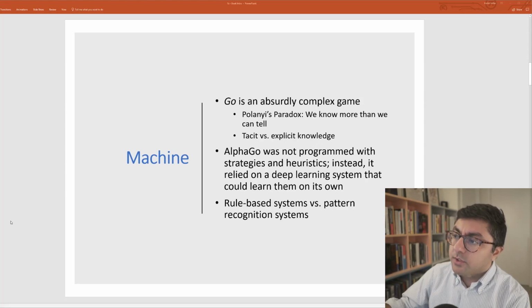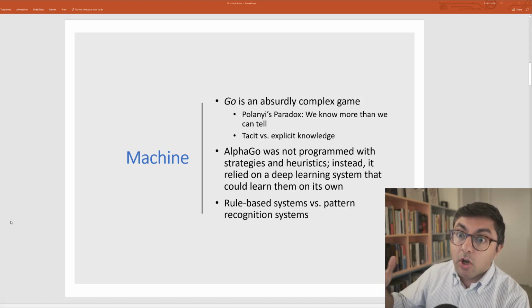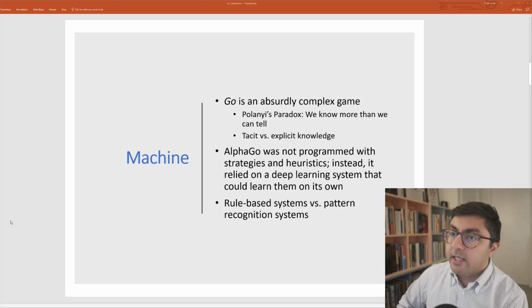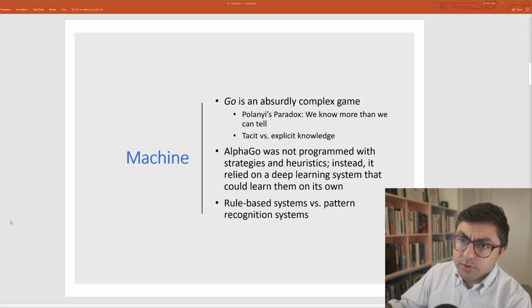This part of the chapter that talks about machine intelligence uses the example of AlphaGo, which is a machine learning algorithm that plays the game Go. And the thing that's important to note, and we'll get into this in much more detail when we go into the machine module, chapters 2 through 5, is that AlphaGo is not programmed with strategies and heuristics and rules.